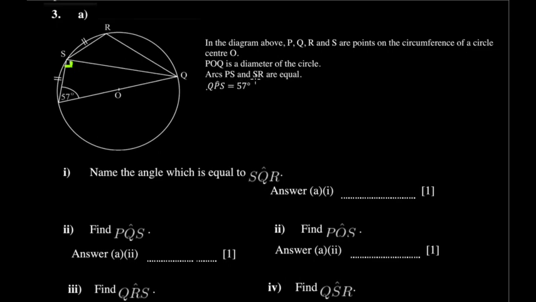So the arcs, this and this, are equal, so they also subtend the same angles, by the way. In the same way, let me attempt a drawing, I'm very lousy at drawing, but I'm sure you get the point.